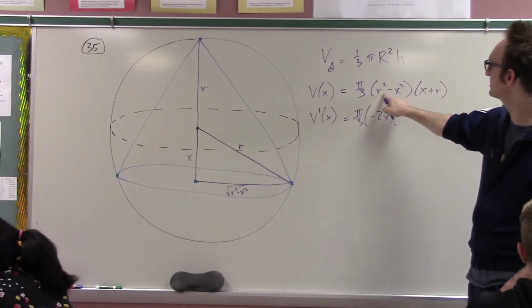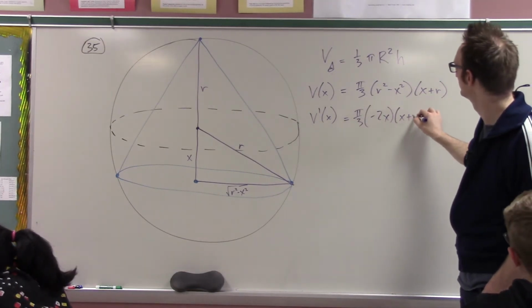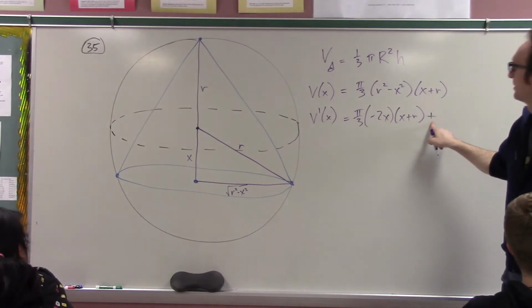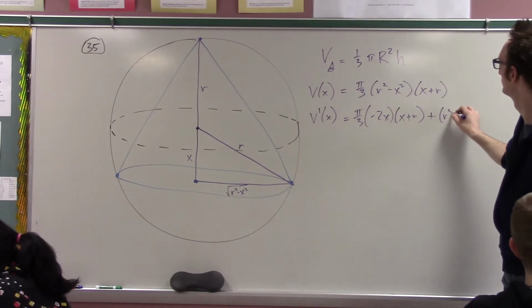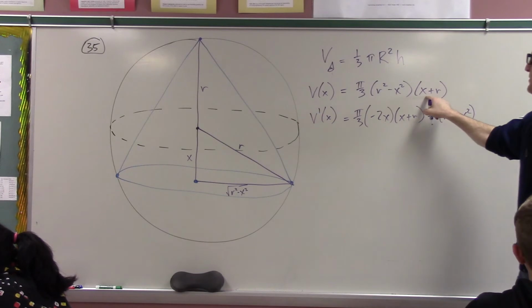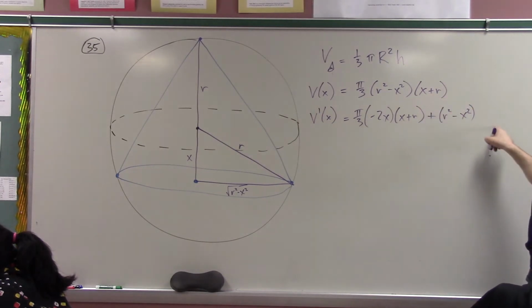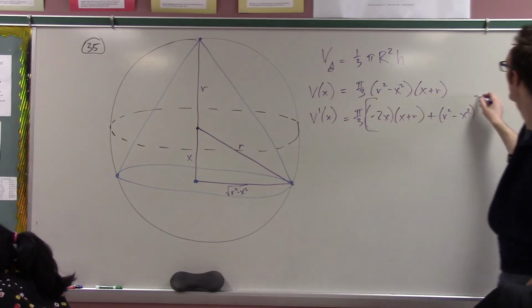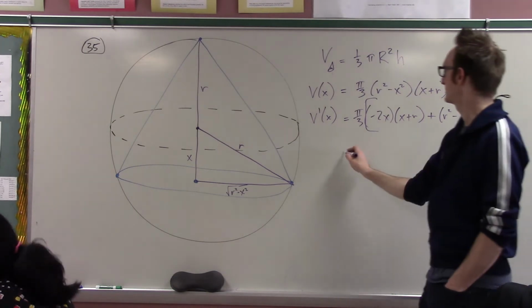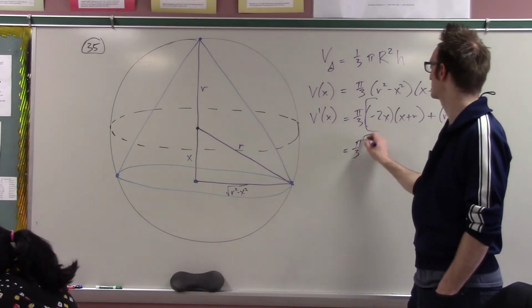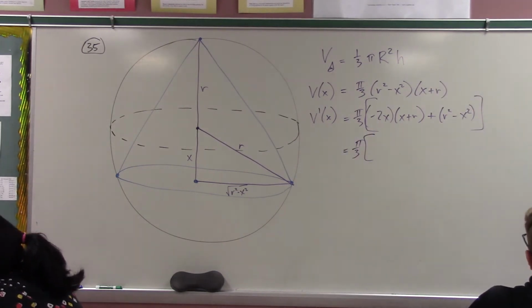The derivative of the first times the second plus the first times the derivative of the second, which is just 1. Cool? And then this pi over 3 is out front of everything. All right, so let's just double check that. The first, the second, the first.